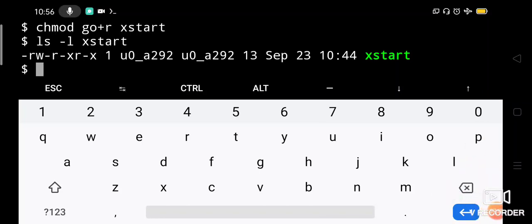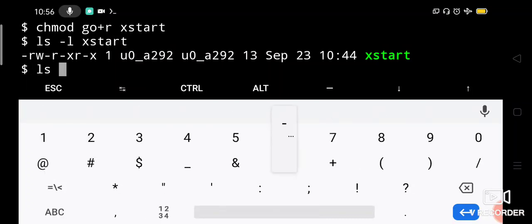Now let us see how we can change permissions for multiple files. Okay, so let us say chmod for multiple files. First we will check what the permissions are. We have f1, f2, right? So we will see the permissions of f1.